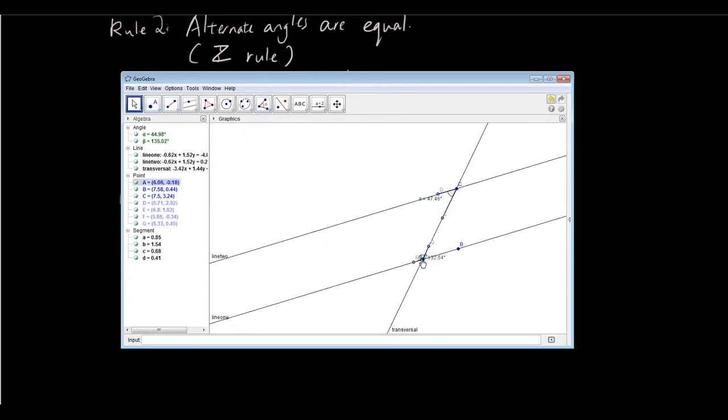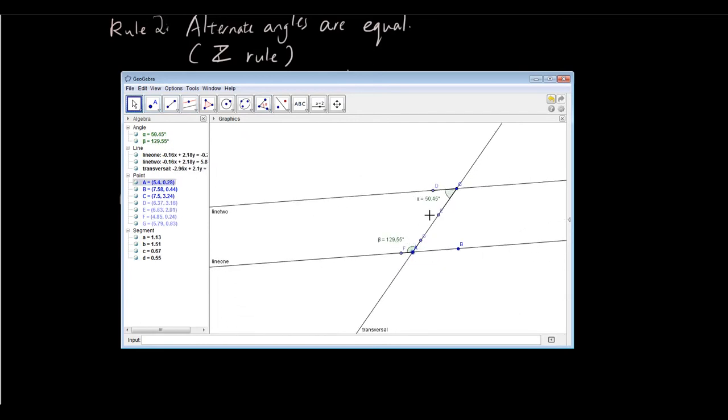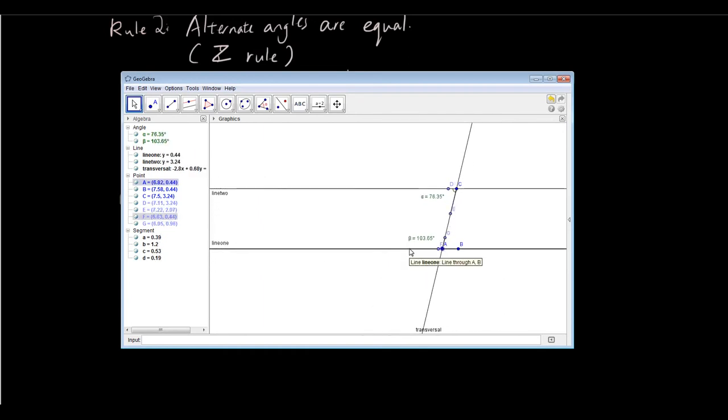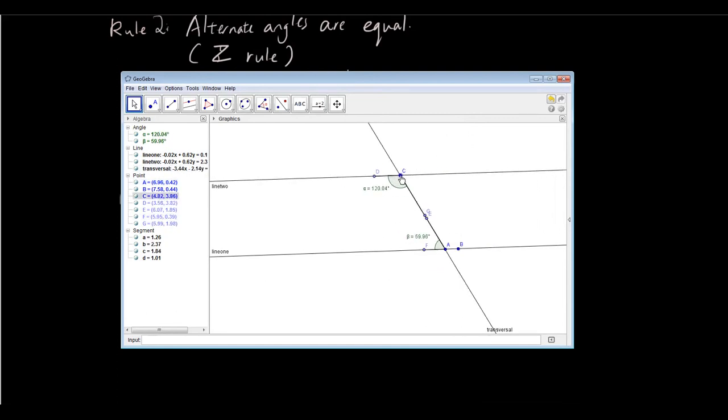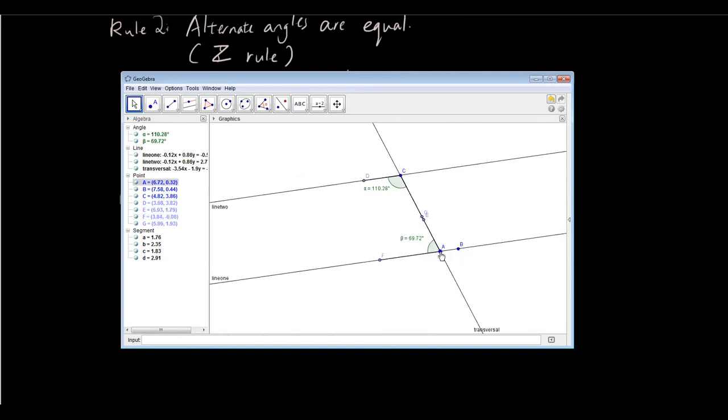So now I have the angles, and you can see that these two angles are on the same side of the transversal. I'll drag this out so you can see it better. Here's the transversal, here are the parallel lines, and these two angles always add up to 180 degrees. Doesn't matter how we rearrange it, they're on the same side of the transversal and they'll add up to 180.